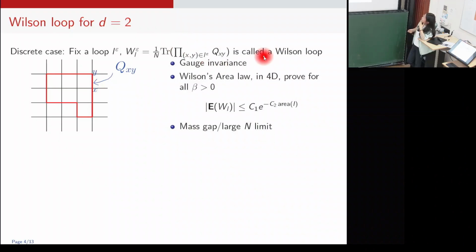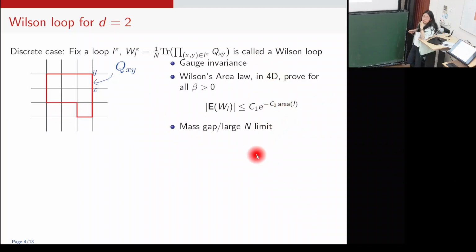And for this kind of Wilson loop, there are also interesting open problems for the higher dimensional case. One is called the area law: to prove that for all coupling constants, the expectation of the Wilson loop will decrease exponentially with respect to the area of the loop for a general Lie group. And another is to prove for all beta the mass gap or large N limit.